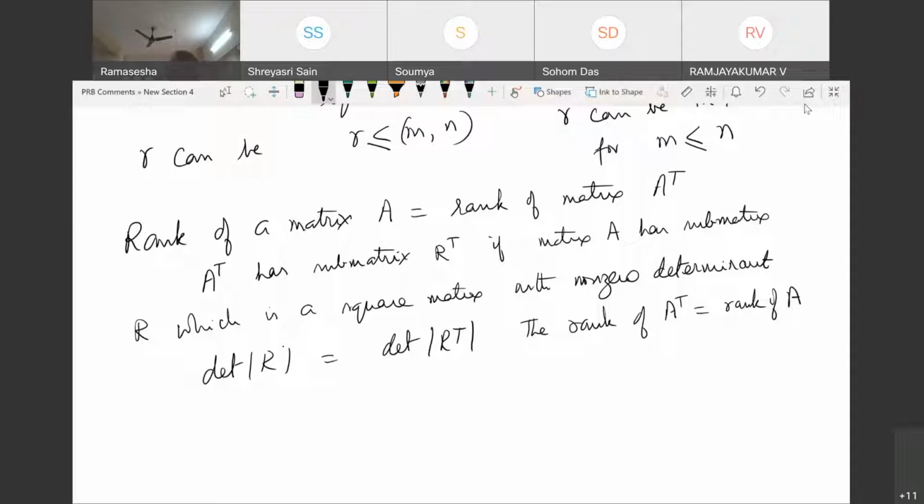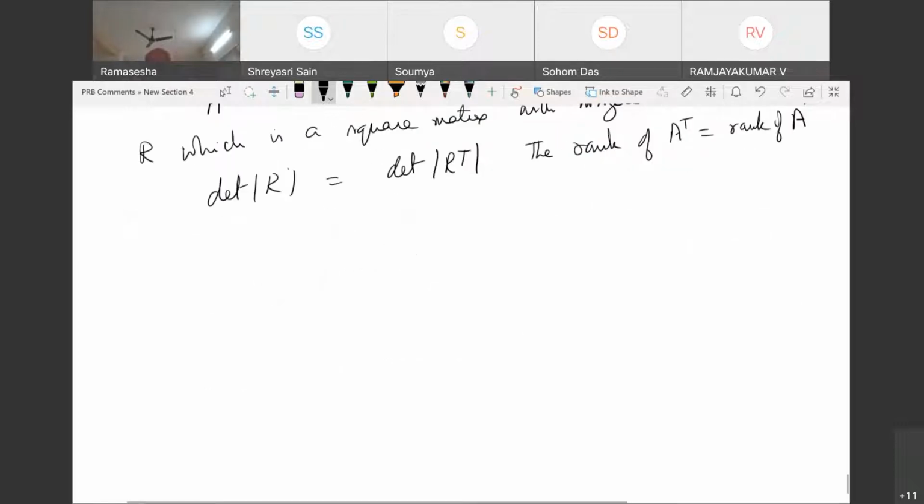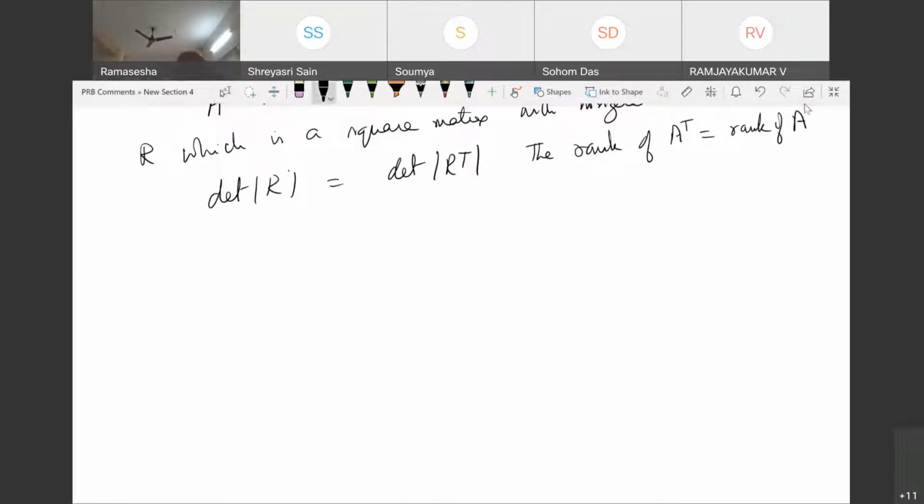Now let me see how I can solve this system which I wrote down. Let me look at the solution of this system: A11x1 plus ... plus A1nxn is equal to 0. A21x1 plus ... plus A2nxn equal to 0.